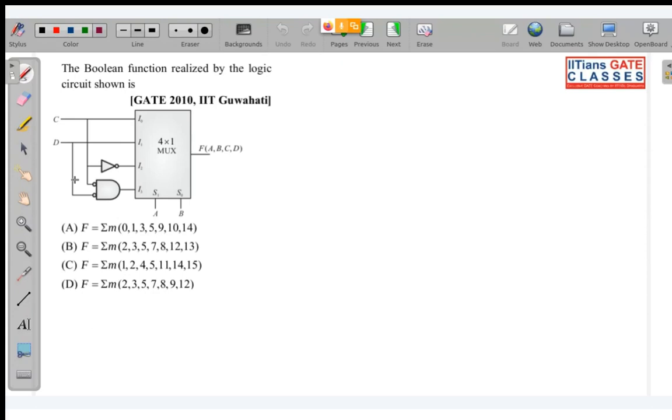See, basically they have also given what will be the LSB and what will be the MSB. Look at the output.